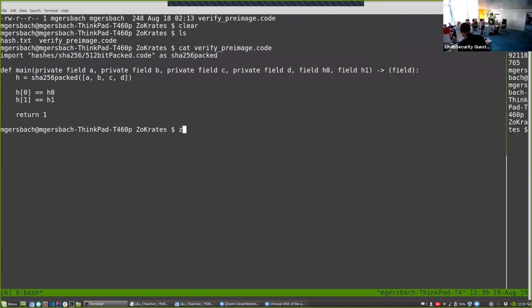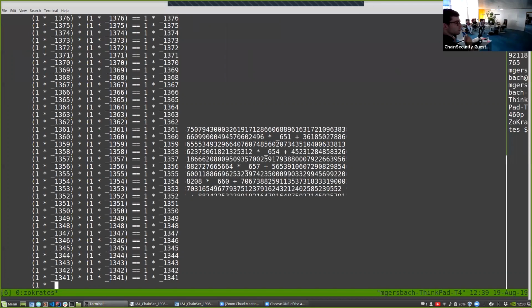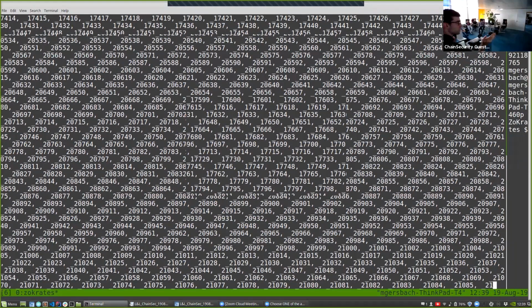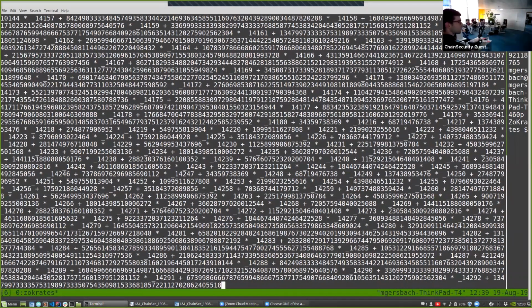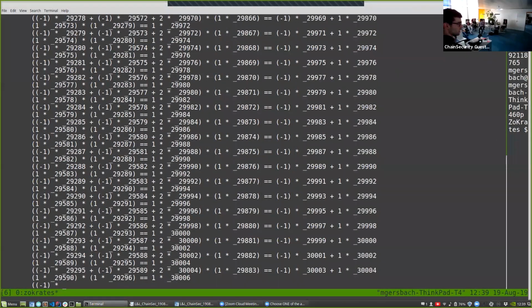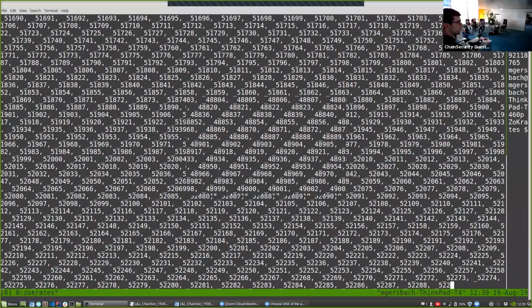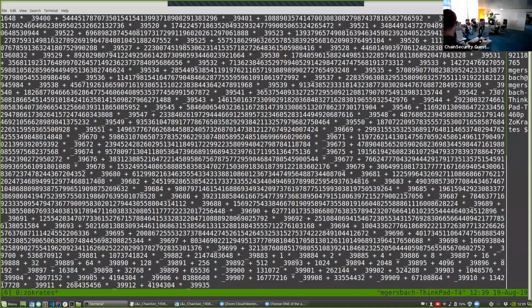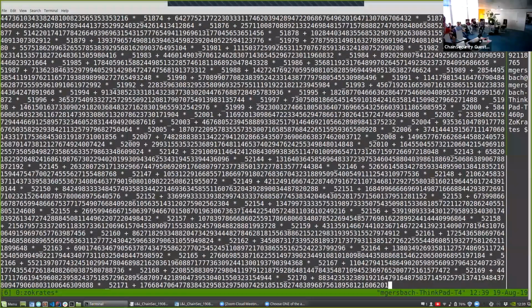So first thing we will do is compile this code into the intermediate representation. This will take a couple of seconds, and you should soon see constraints popping up. It looks like gibberish, but that is what it's doing essentially. So this takes a couple of seconds to get this intermediate representation of the constraint system.